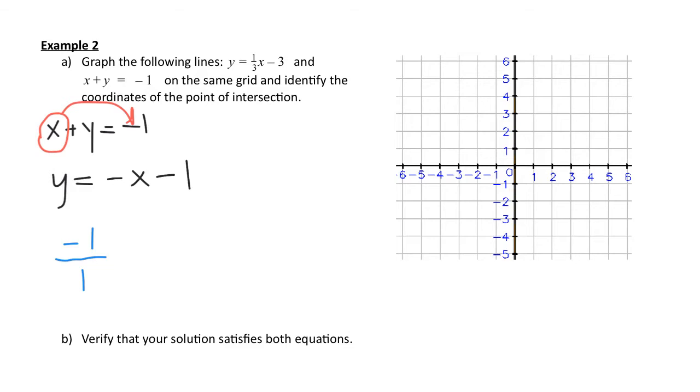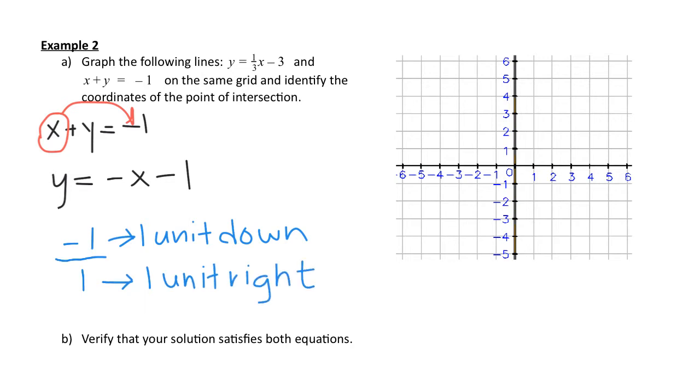The top number, or the numerator of my slope, is going to represent my rise. Because I have a value of negative 1, that tells me that I need to move 1 unit down. And my denominator, which is a positive 1, tells me that I need to move 1 unit to the right.